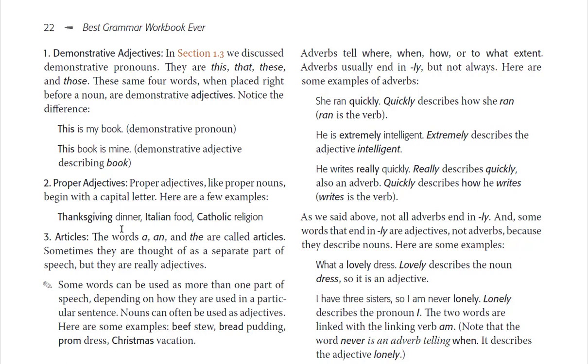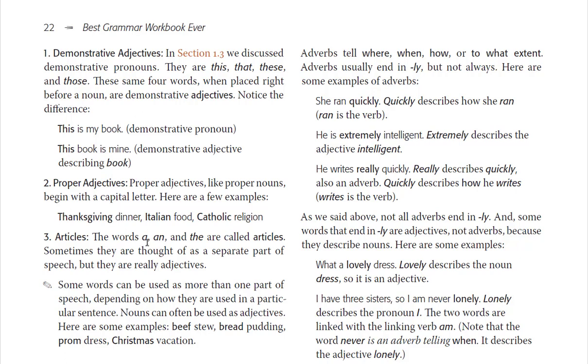So therefore, Chinese American is a proper adjective, and it has to be capitalized. So basically a proper adjective is an adjective that needs to be capitalized because it is someone's nationality, someone's name, some religion, that sort of thing.